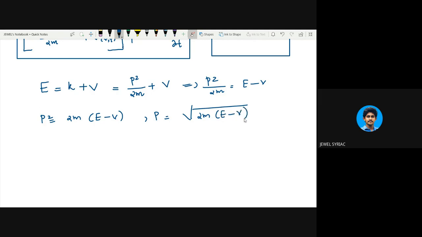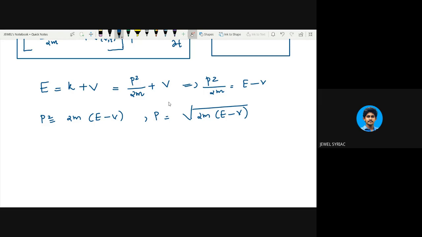Initially we asked what is the total energy of a particle. Here our reference particle is a particle which shows dual behavior, or which obeys the laws of quantum mechanics. Okay, what is the total energy? Total energy is the sum of the kinetic energy and potential energy. What is the expression for kinetic energy in terms of momentum? We know P square by 2m plus potential energy V. Okay, now using this expression, we get that P square by 2m is equal to E minus V. Then what is P square?